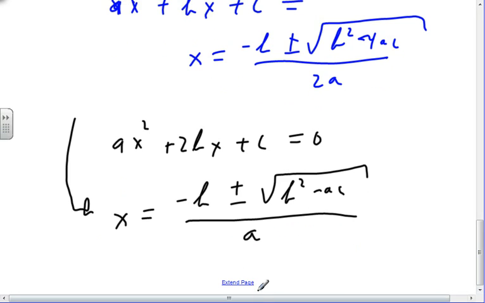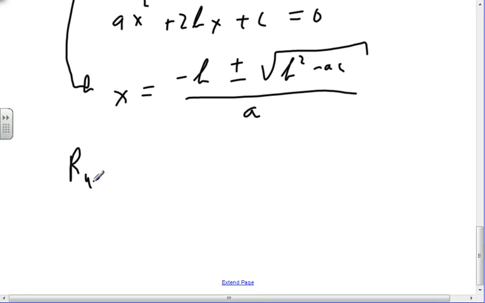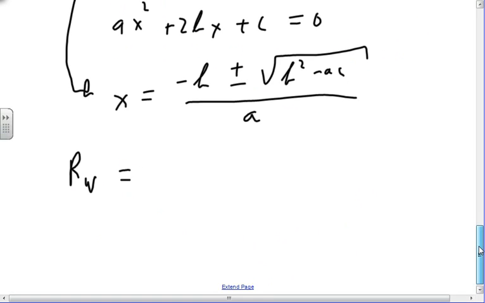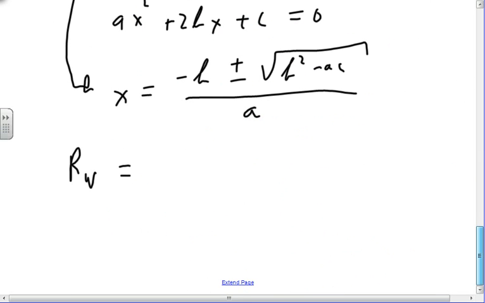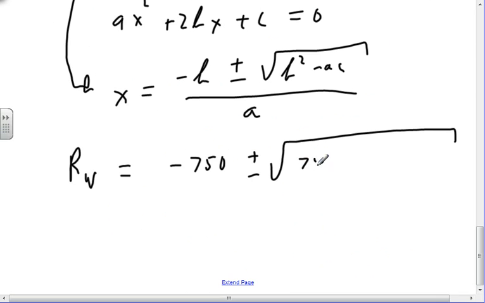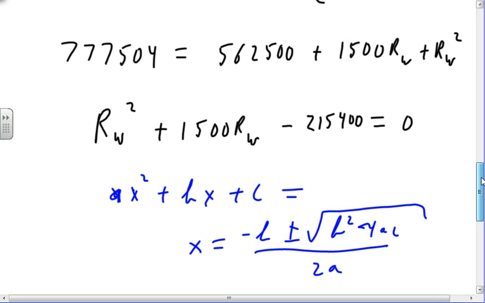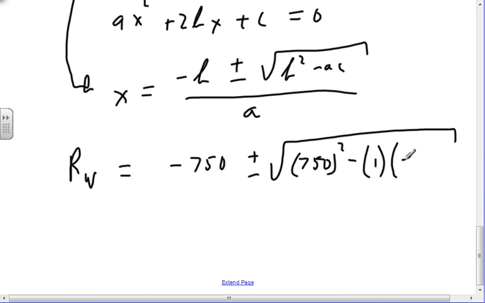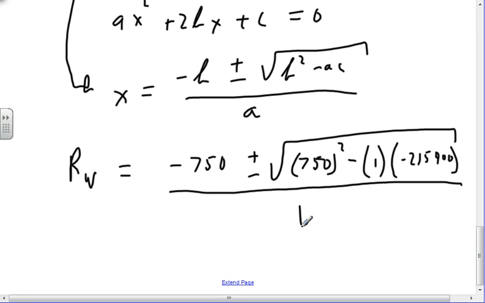less calculations. So that being the case, RW is going to equal minus b, so that'd be minus 750 plus or minus the square root of 750 squared minus a, which is a 1, times c, which is a minus 215,400, divided by a, which is a 1.